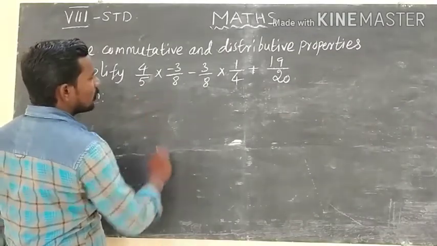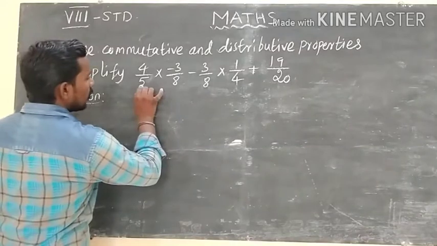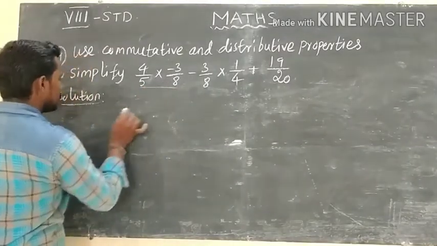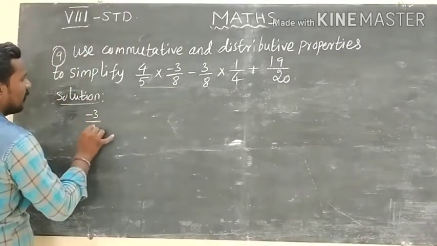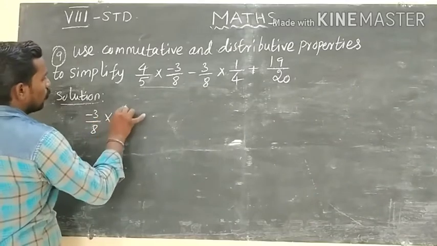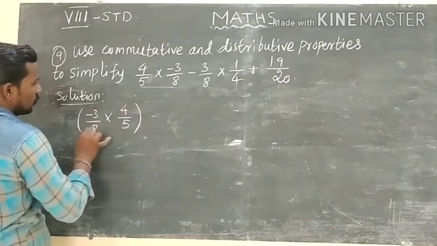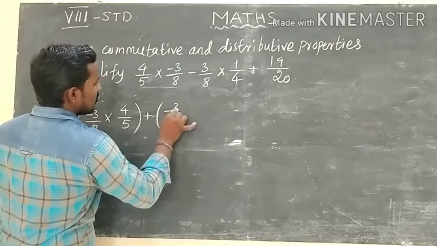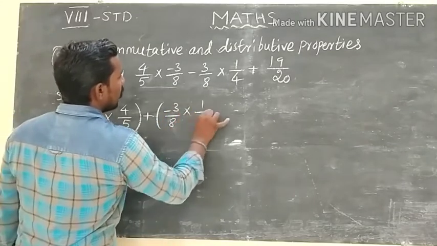So the commutative property is true under multiplication. These two are of the type of multiplication. To interchange the values, minus 3 by 8 into 4 by 5 plus minus 3 by 8 into 1 by 4.